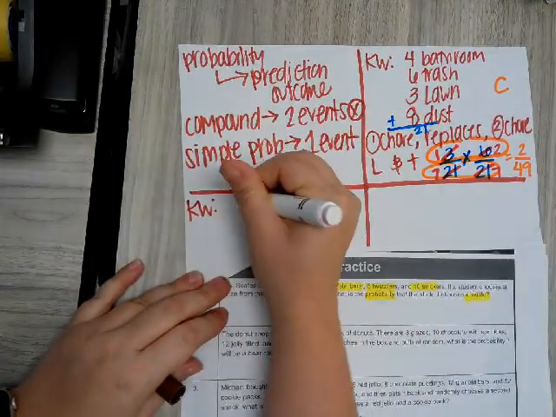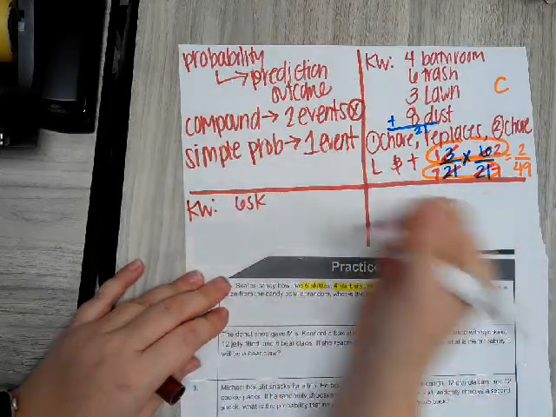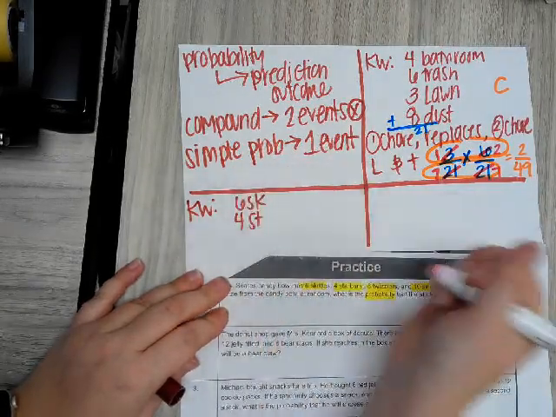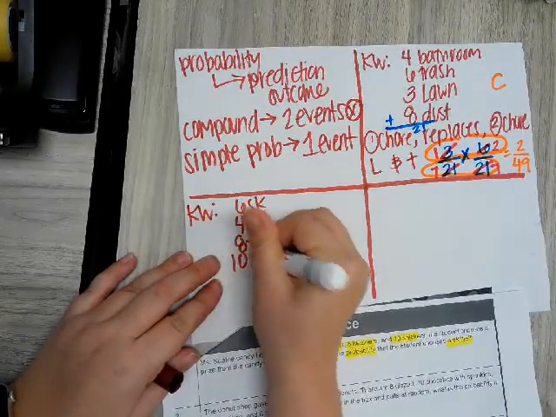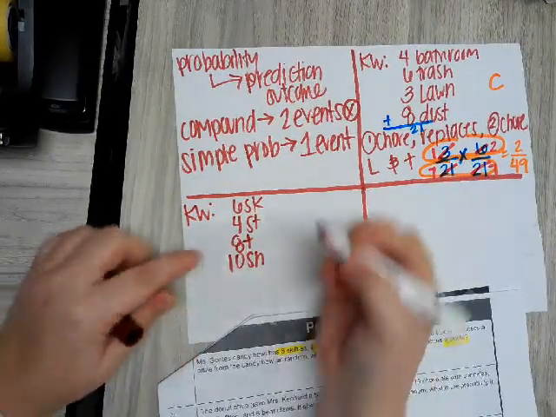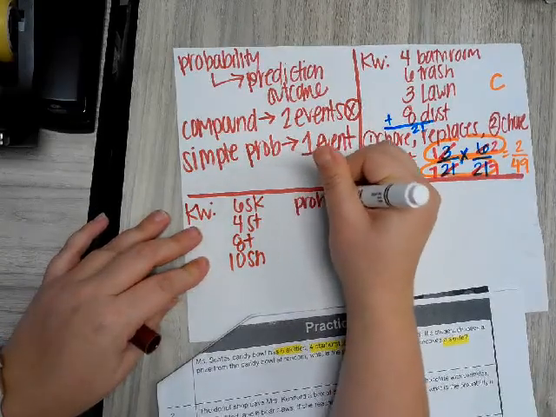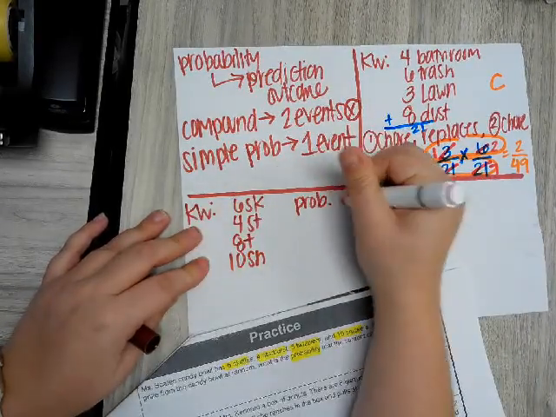So she has 6 Skittles, 4 Starburst, 8 Twizzlers, 10 Snickers. Okay, and they want the probability of Skittles.